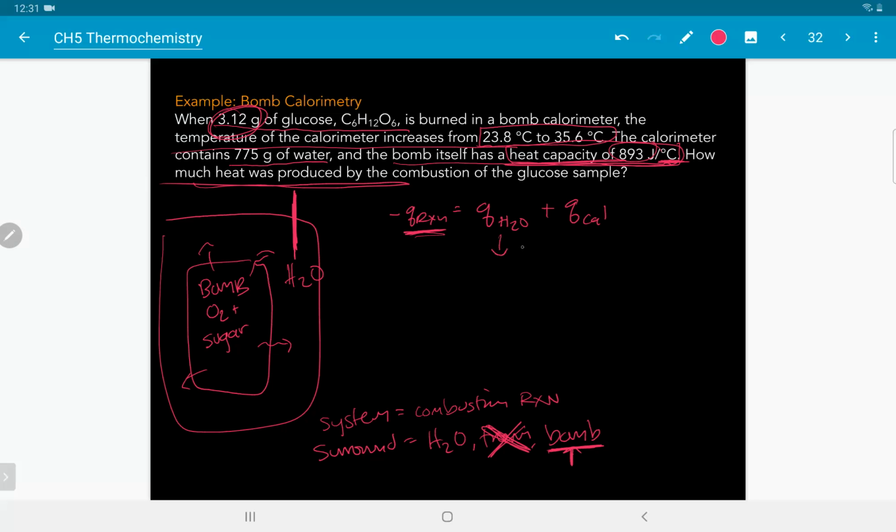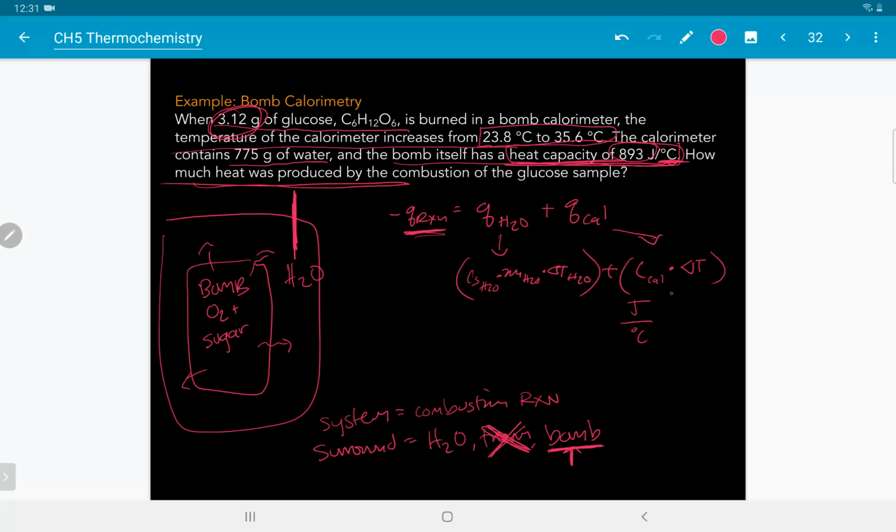So for the Q of the reaction, how much heat, we blow out our Q for water, which is the specific heat capacity of water times the mass of the water times the change in temperature of the water. But now we have to add the Q cal. The Q cal is the heat capacity of the calorimeter, C cal, in joules per degree Celsius, times the change in temperature of the calorimeter.